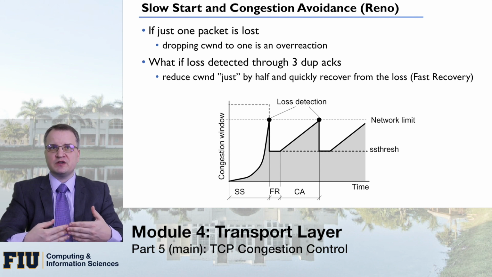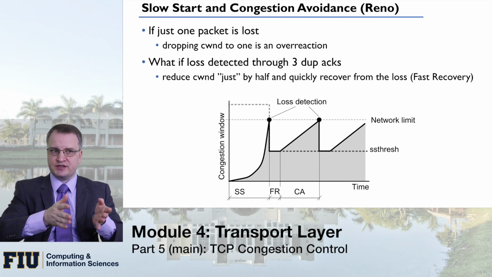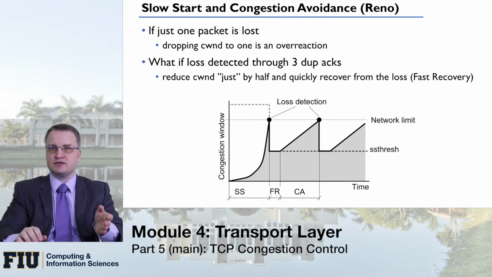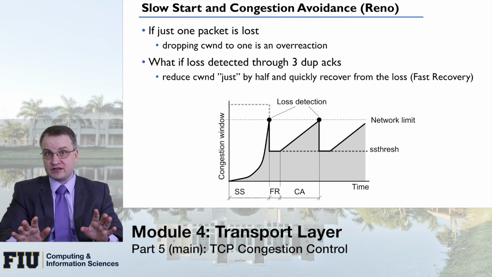So if such a timeout is detected, most congestion control will drop to 1 and restart from the slow start. However, if you detect loss using 3 duplicate acknowledgements, meaning that you received an acknowledgement and then 3 duplicates of the same acknowledgement, then it means that something was lost. There's definitely not enough capacity potentially.